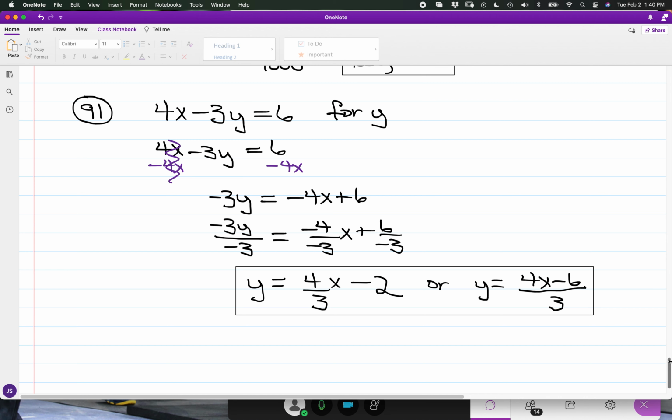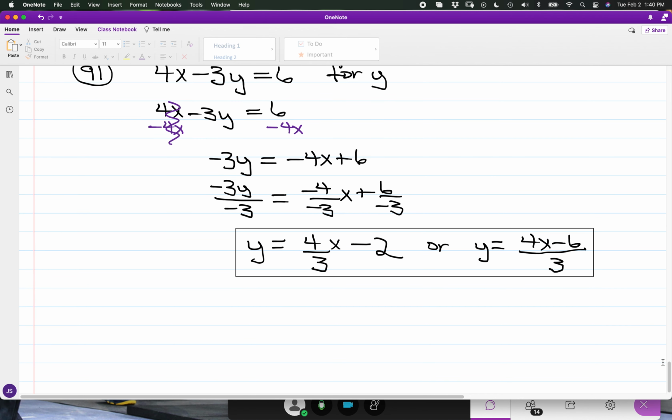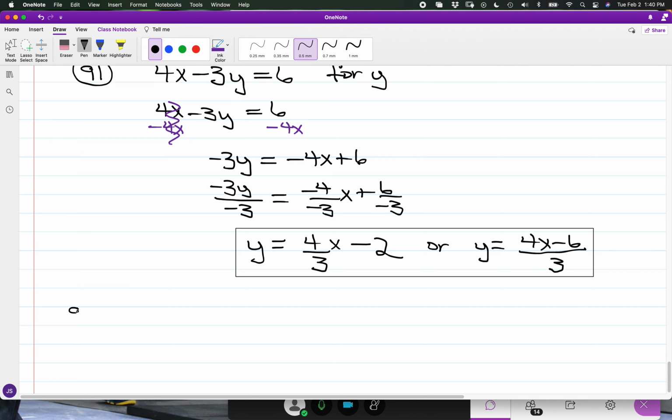All right. Now, another item where we have writing an equation in terms of a specified variable. So we have number 96.